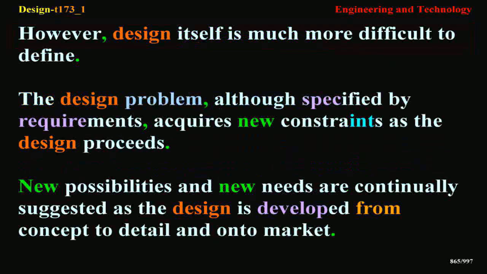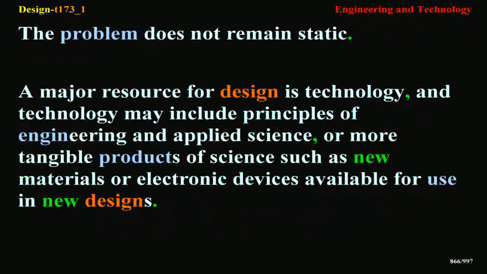The design problem, although specified by requirements, acquires new constraints as the design proceeds. New possibilities and new needs are continually suggested as the design is developed from concept to detail and onto market. The problem does not remain static. A major resource for design is technology, and technology may include principles of engineering and applied science, or more tangible products of science such as new materials or electronic devices available for use in new designs.